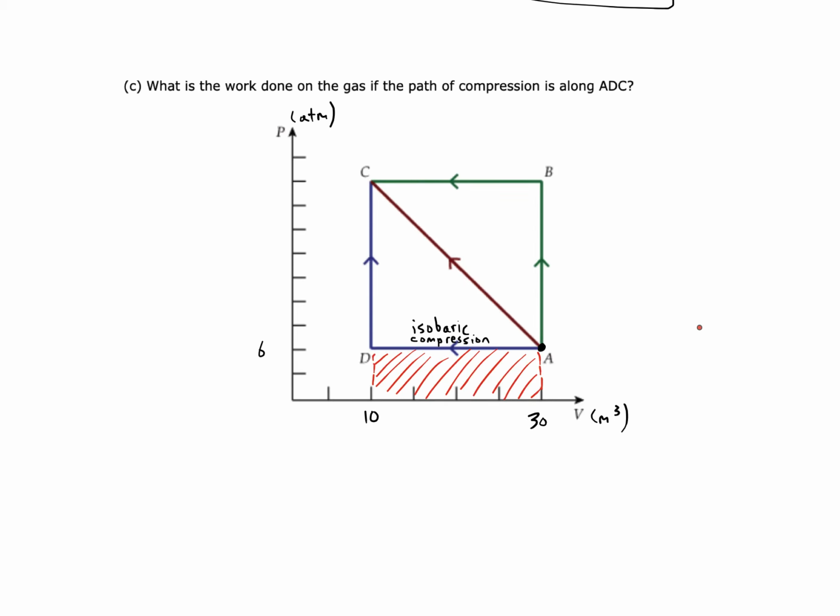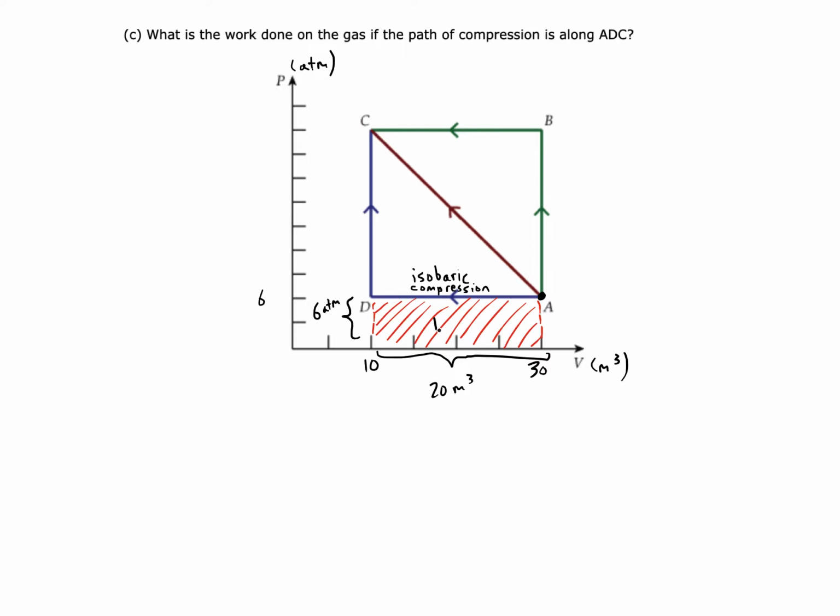Down here, our height of our rectangle is only going to be 6. And then our delta V is going to be 20. So we just want to multiply those to get the work done. And just remembering that we are going to the left, this is a compression, so that means the work done by the gas is going to be negative.